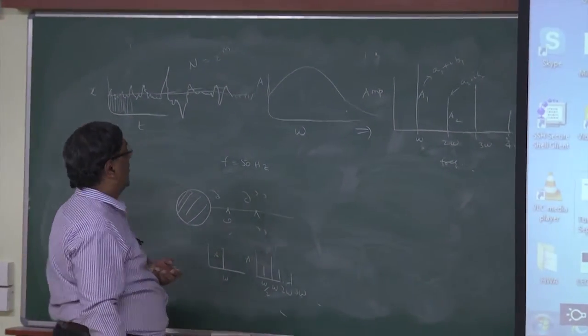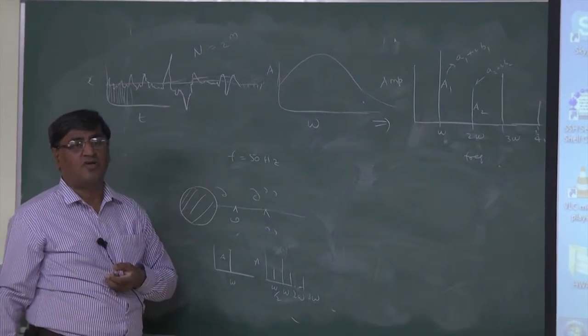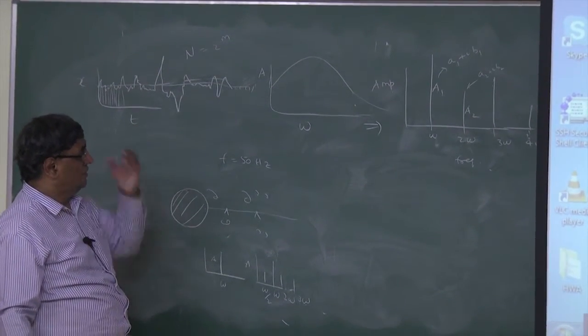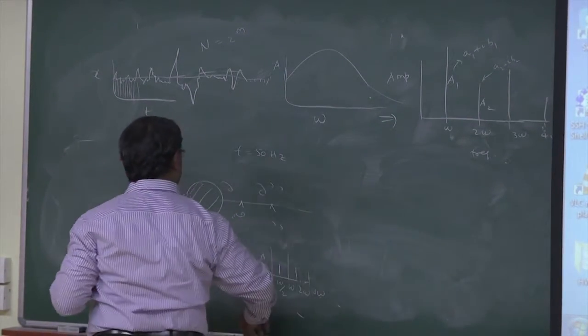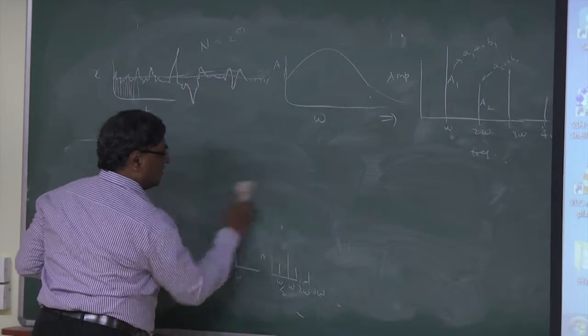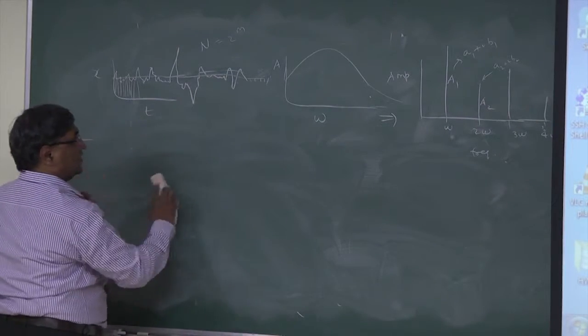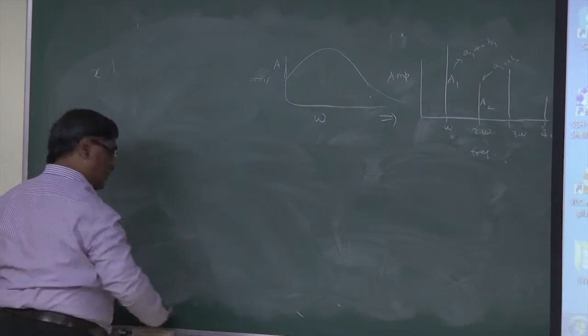Right? And in that case, n by 2 frequencies can be identified, and you can find out the corresponding amplitudes of those. I think with that I will stop.